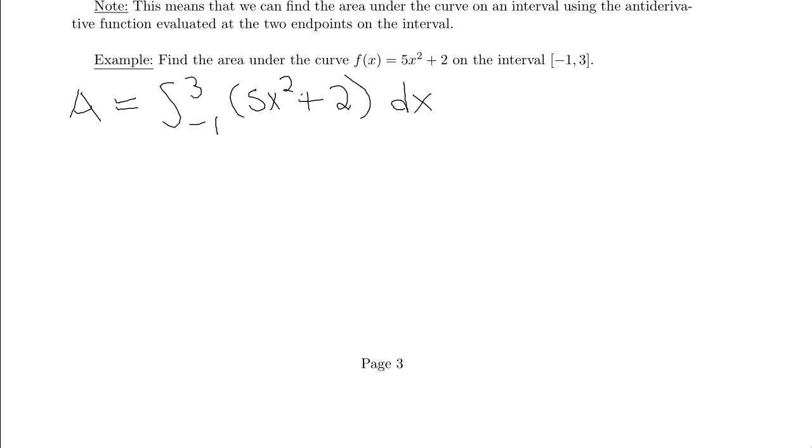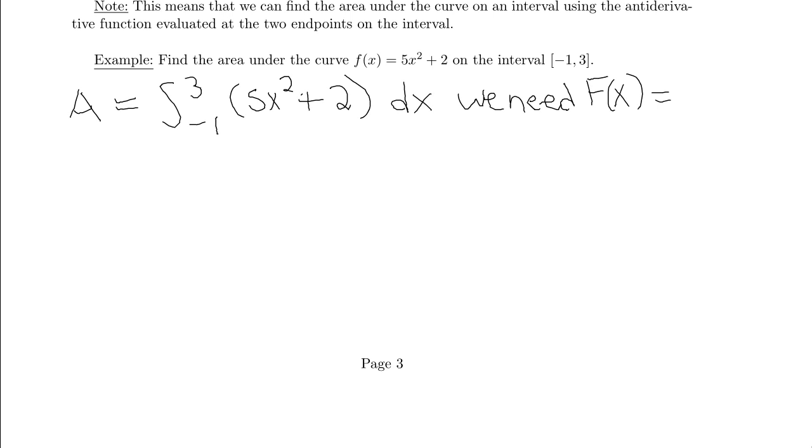That just means the area under this function between -1 and 3. So from the fundamental theorem of calculus part 2, we know that we need our antiderivative. So we need to find big F of x for our function. Well, big F of x, what does it equal?